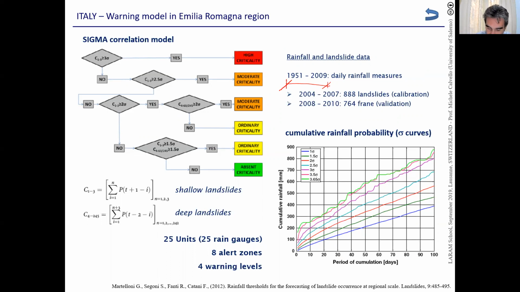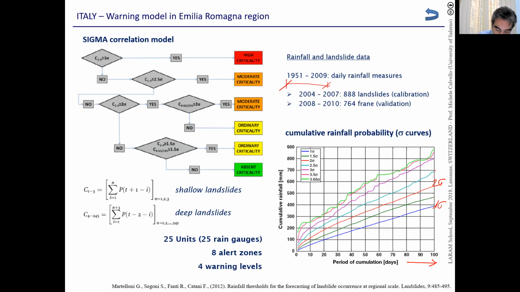So they analyzed cumulative rainfall from 1 day all the way to 100 plus days, and they set up a series of cumulative rainfall probability curves. They are called sigma curves just because this is the 1 sigma curve and this one is 2 sigma, so deviations from the normal with 1 standard deviation, 2 standard deviations, and so forth.